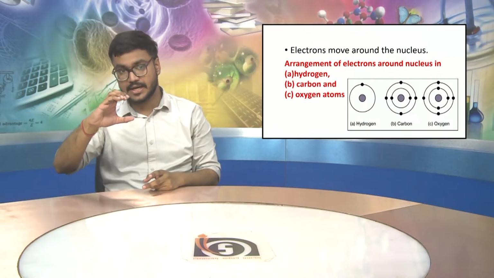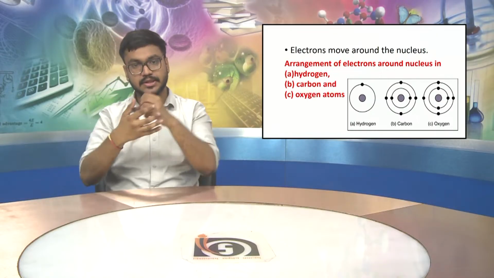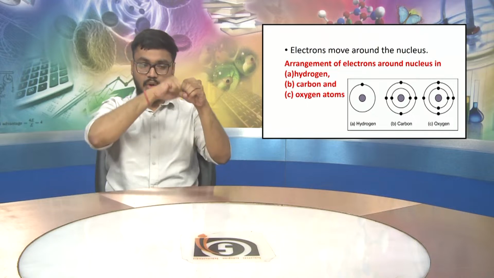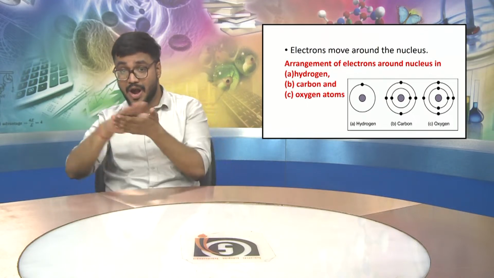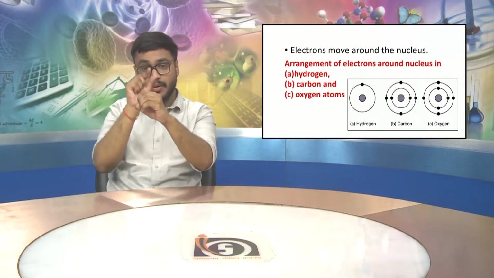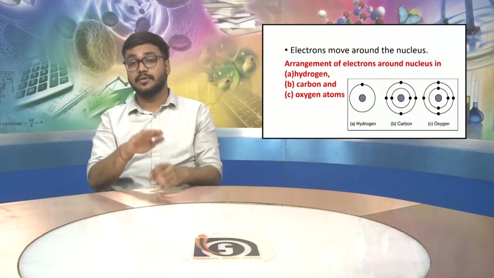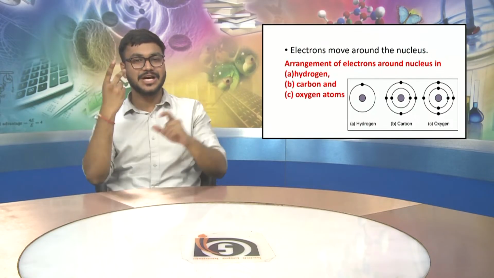There is a picture showing the arrangement of electrons around the nucleus in hydrogen, and second in carbon, and third in oxygen.